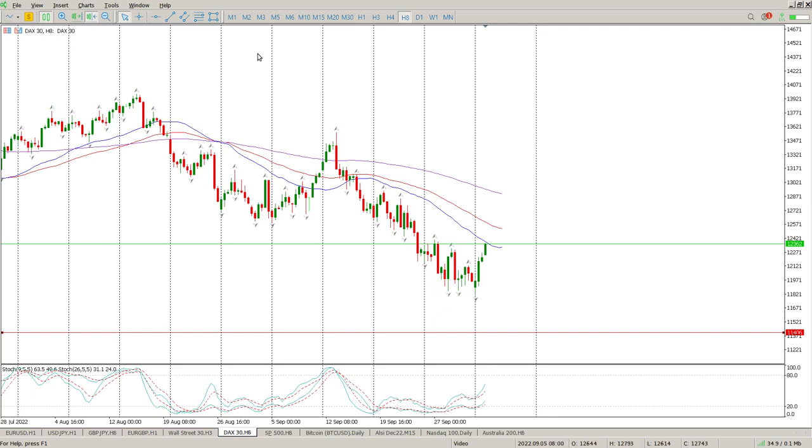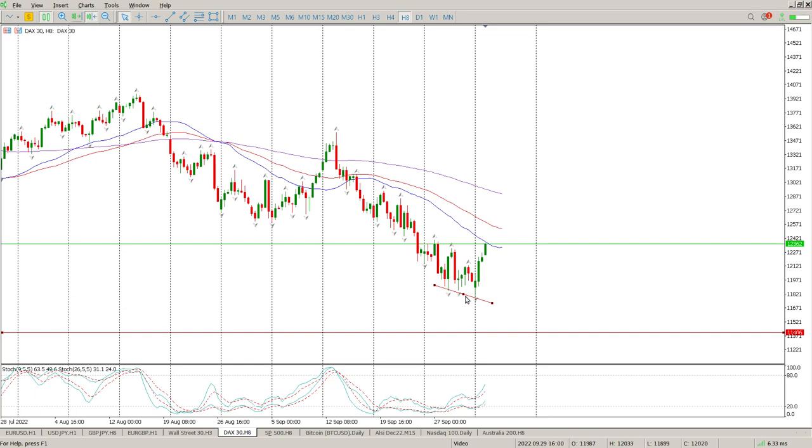So the first one is if we look at prices making lower lows, look at the oscillator making higher lows. So that is divergences. And when you see that kind of divergence when you're in a downward trend, it is always a possibility that you have some kind of a pullback happening.